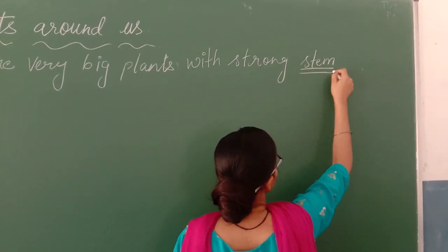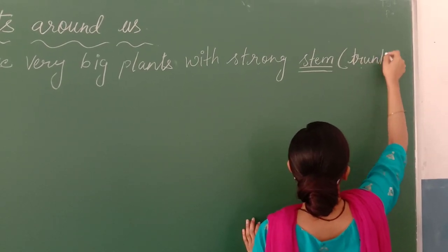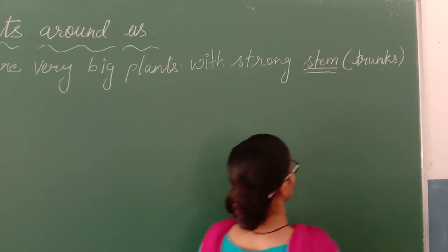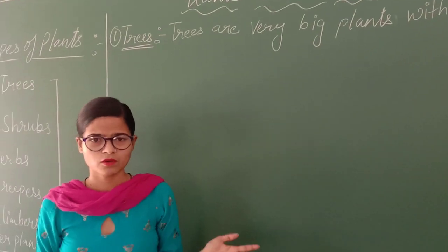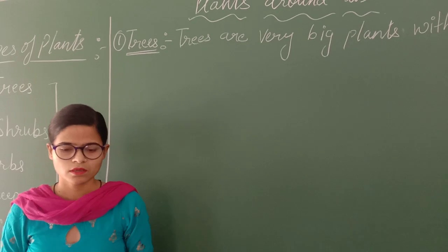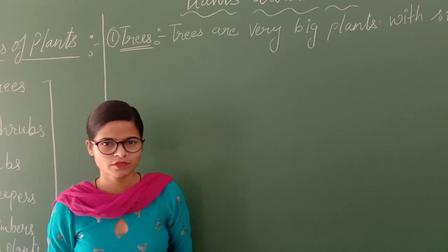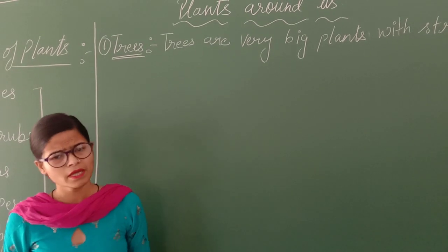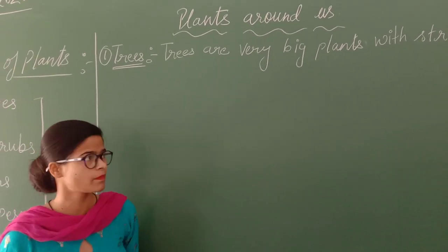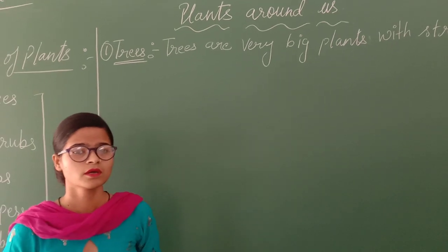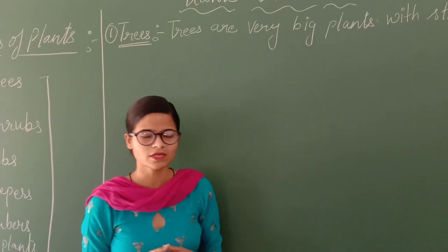The stem is also called the trunk. For example, you must have seen a mango tree, a peepal tree, and many more. These are very big plants. Stem means trunk, we also call it trunk.